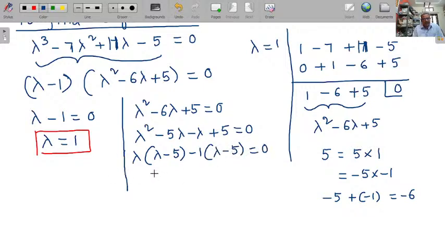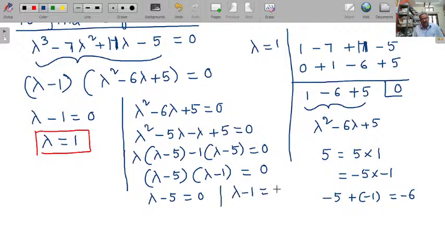I hope it's clear. Next, lambda minus 5 common, we have lambda minus 5 into lambda minus 1 is equal to 0. So lambda minus 5 is equated to 0, and lambda minus 1 is equal to 0. So lambda is equal to 5 and lambda is equal to 1. So we get here 3 values of lambda.